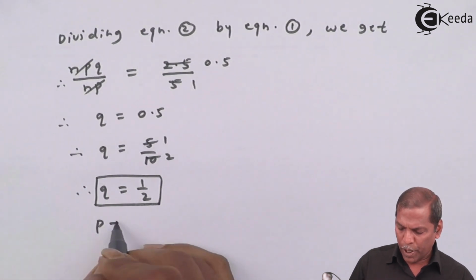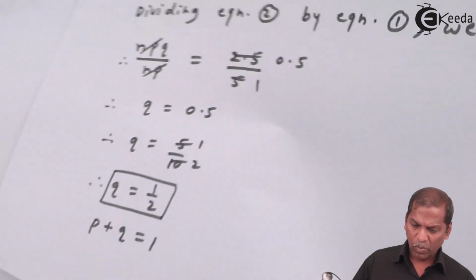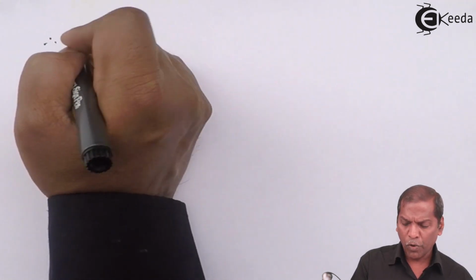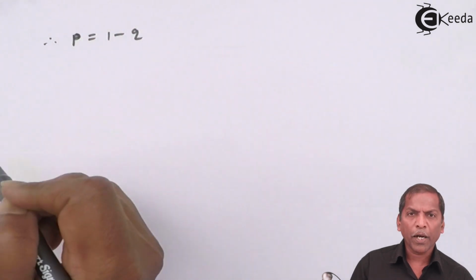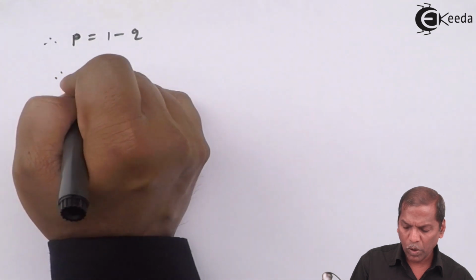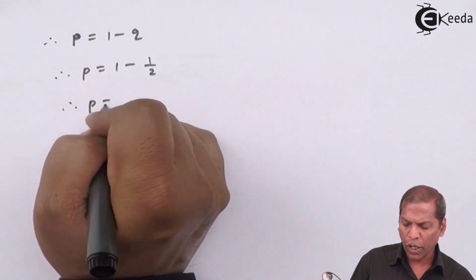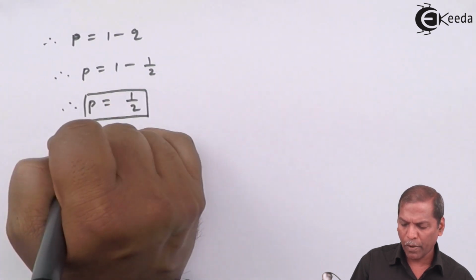Then since P plus Q is equal to 1, therefore P is equal to 1 minus Q, therefore P is equal to 1 minus 1 by 2, therefore P is equal to 1 by 2.